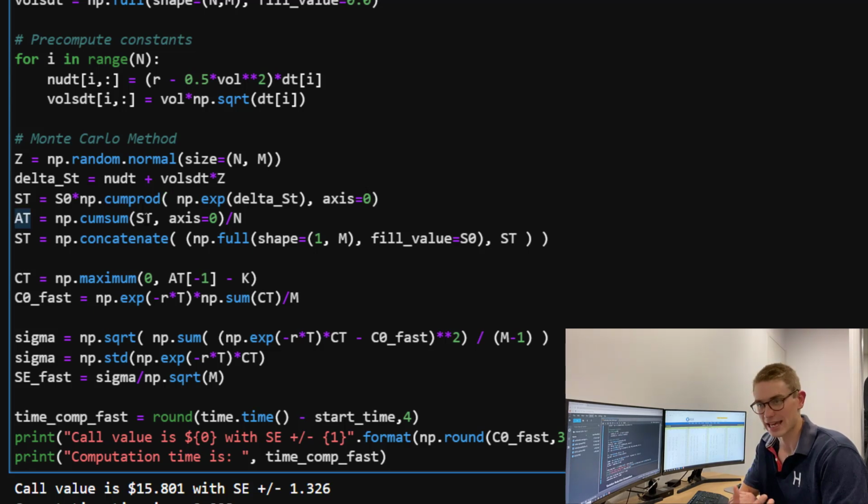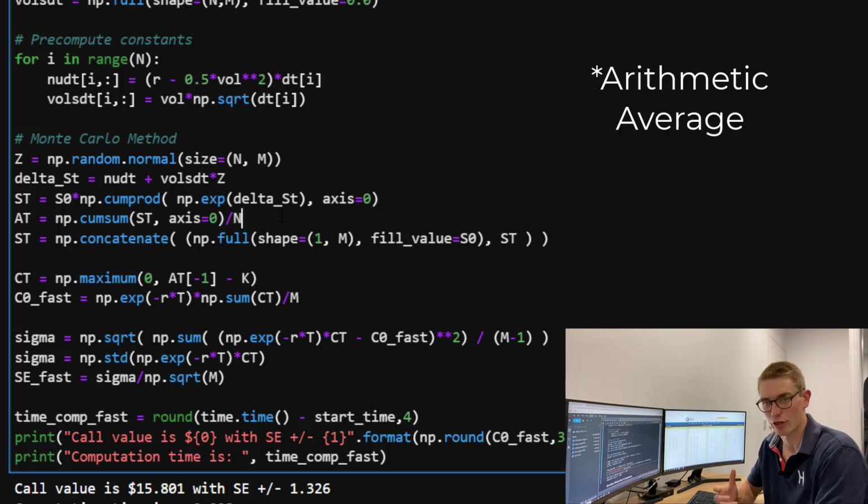Now to calculate the average across all of these simulation paths, we're going to use not cumprod but cumsum. So now we're taking the cumulative sum across all these price paths on axis equals 0, and then we're dividing by n so that the final index point is the arithmetic average.